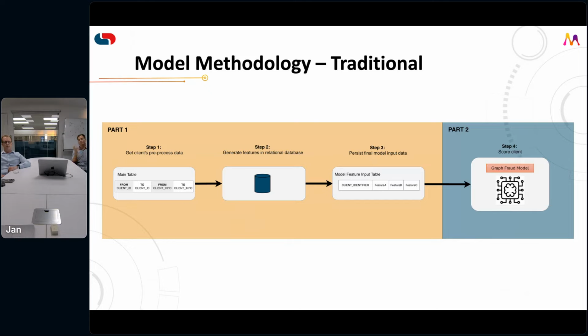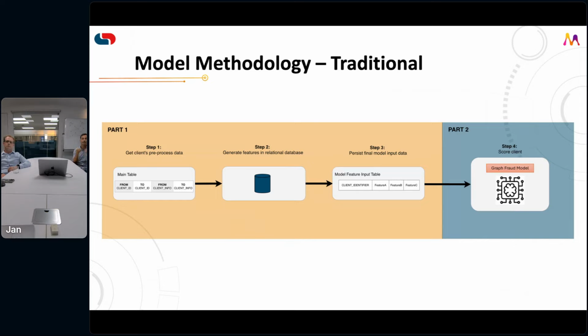Firstly, we have two parts. And remember these two parts. The first part is looking at your main source table. This is normally where you will put all your pre-processing data into one table. And then after that, you go to step 2, where you will generate additional features on this main table. And then with these features, you will persist them in a feature store of some sort.